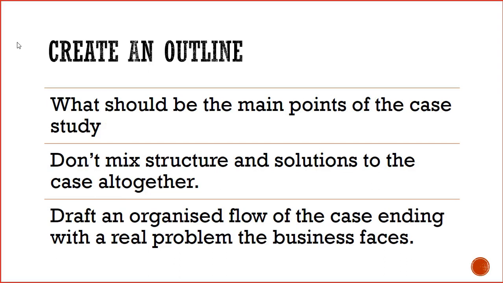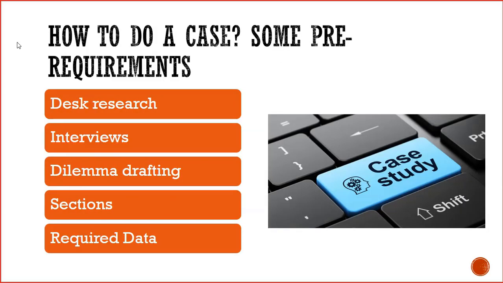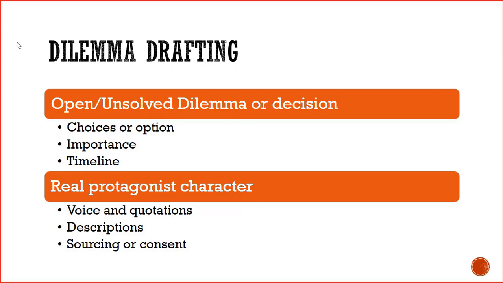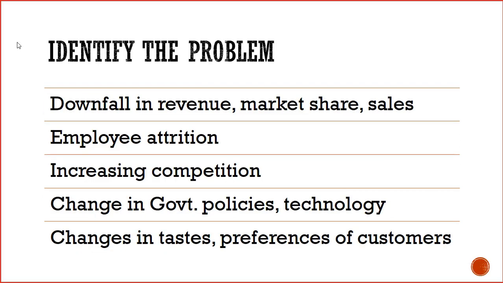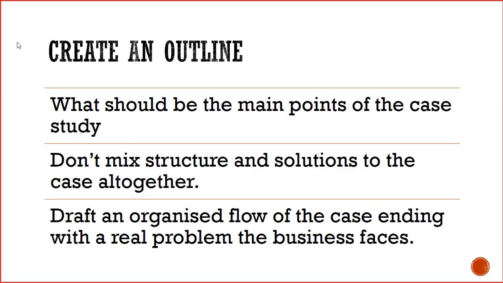Now, let's move ahead with creating an outline. So you have studied till now what I have given to you. We were discussing how to do a case. This was the rough draft I was giving to you, how you can start. Then I explained in more detail the dilemma and connection to the dilemma, the problem and root cause. Then you have to create an outline for the case.